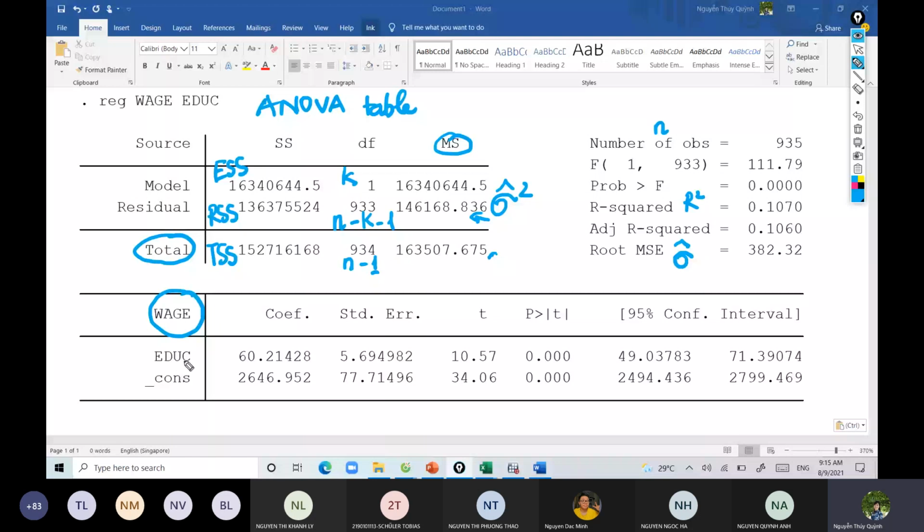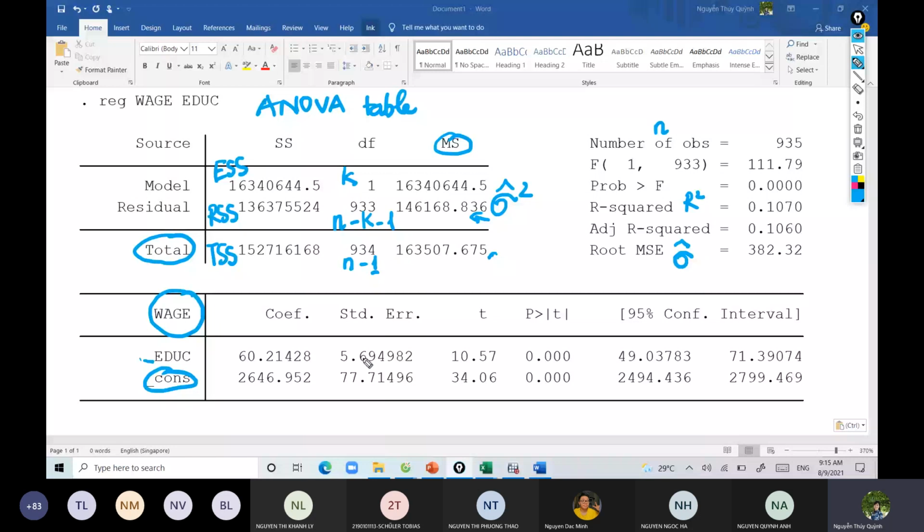What is this row for? Constant value. That is for the constant or the intercept. Okay, this row is for the constant or the intercept, and this row is for the coefficient associated with these independent variables.